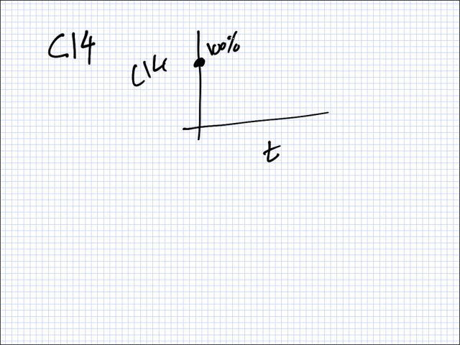We'll say it begins with 100%, and then as time passes, it decays like this. So which graph have we seen? The exponential graph. Is the A positive or negative? The A positive and the B negative.